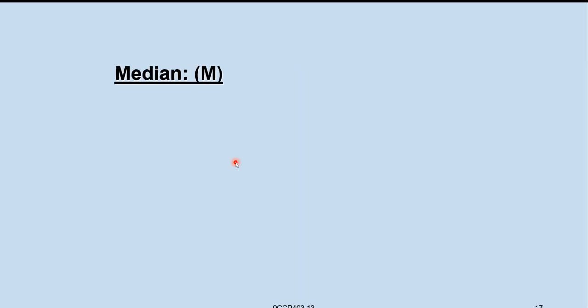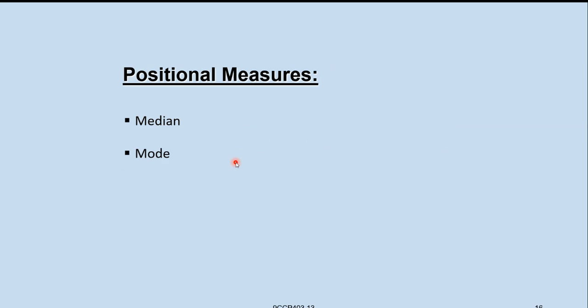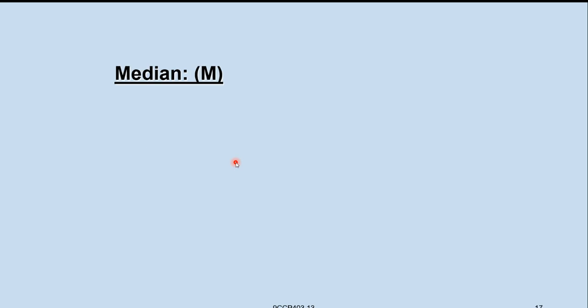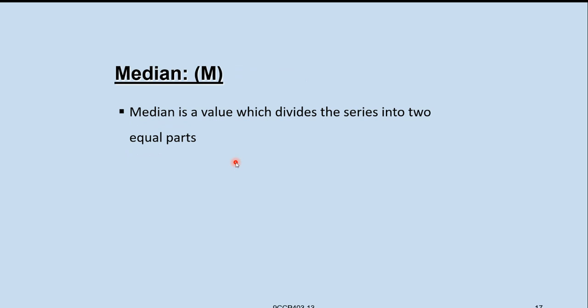Now we will go to positional measures as we have seen in the flow chart. Positional measures are median and mode. So we will quickly go through this. First one is median and second one is mode. Now median is a value which divides the series into two equal parts.